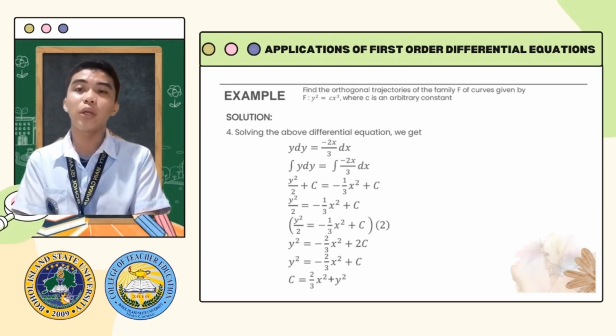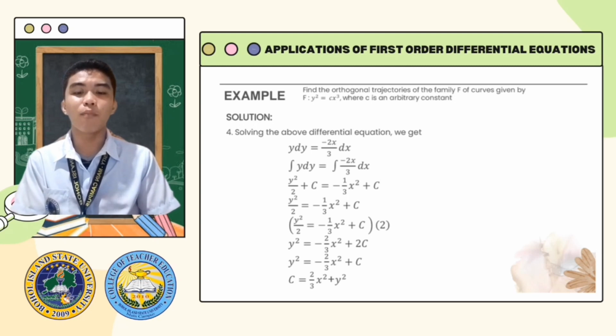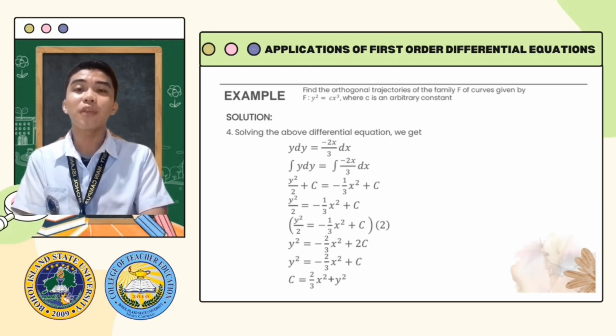Next, we will evaluate the integral. So we get y squared over 2 plus c is equal to negative 1/3 x squared plus c. Since both constants of integration are arbitrary constants, we will replace them with the constant c. So we get y squared over 2 is equal to negative 1/3 x squared plus c. Next, we will multiply both sides of the equation by 2.